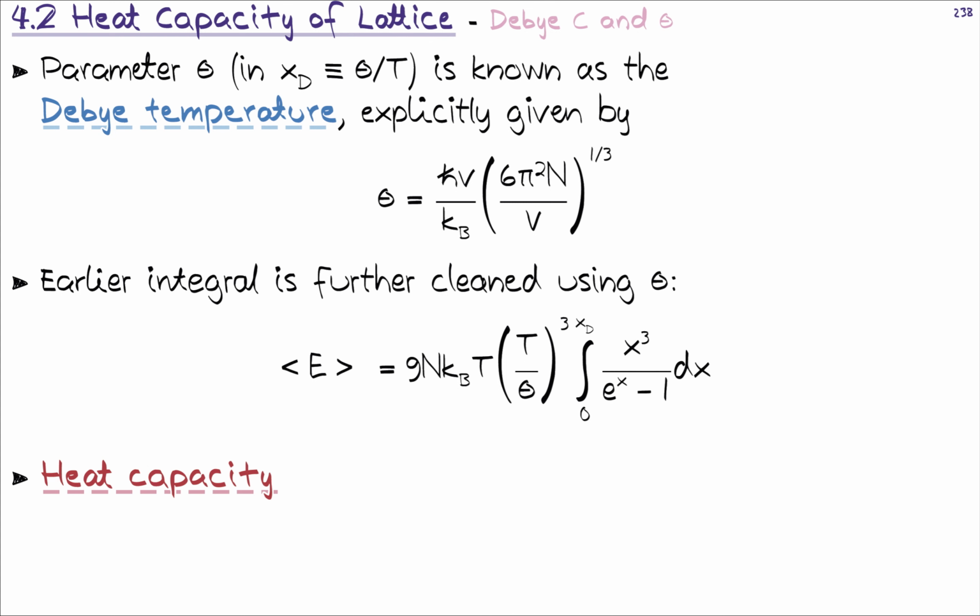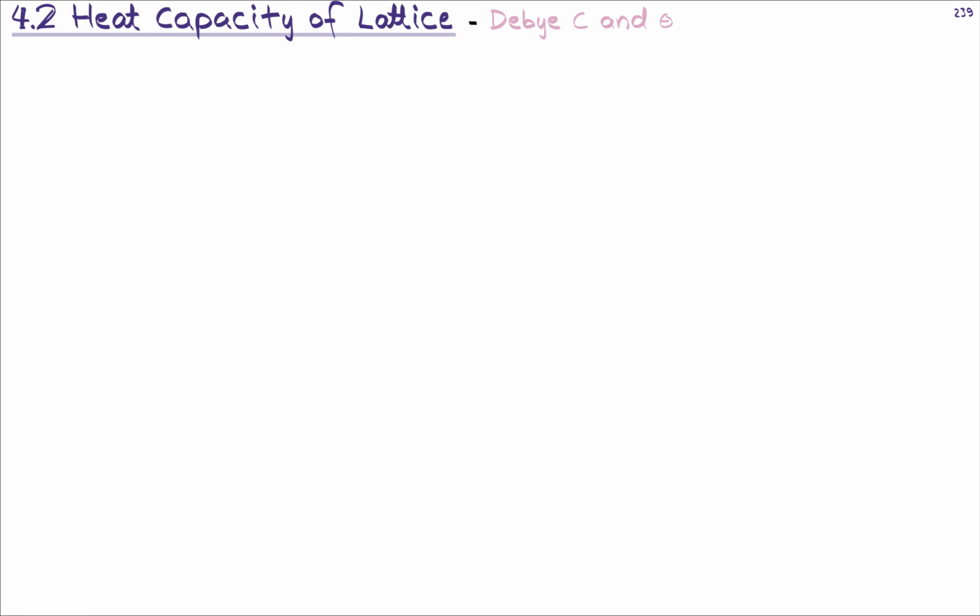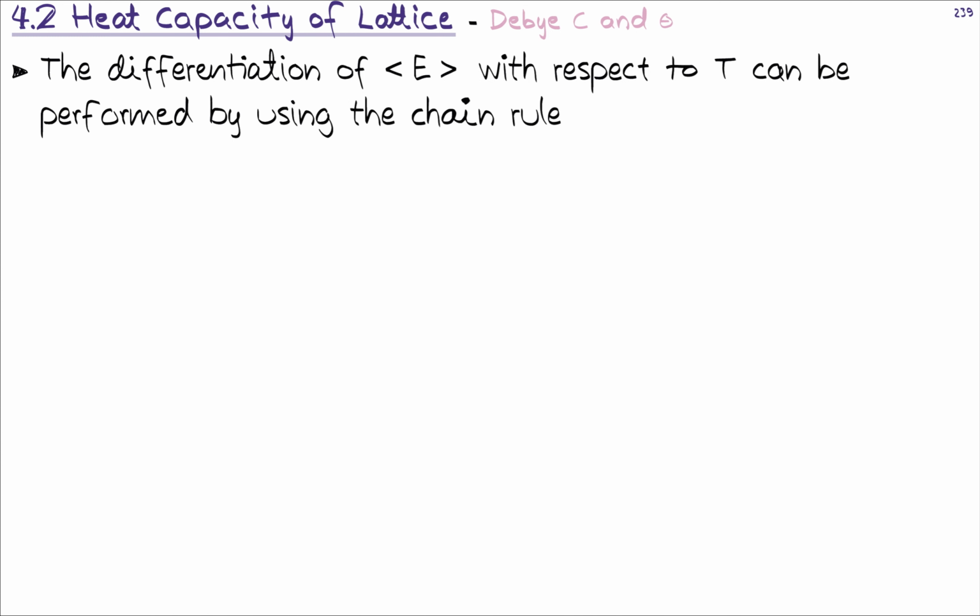And this can then be readily integrated, and that gives us the heat capacity C, because then we can calculate the partial derivative of the mean energy as a function of T, so that we can actually calculate the heat capacity. And the differentiation of the mean energy with respect to the temperature we can perform by using the chain rule.